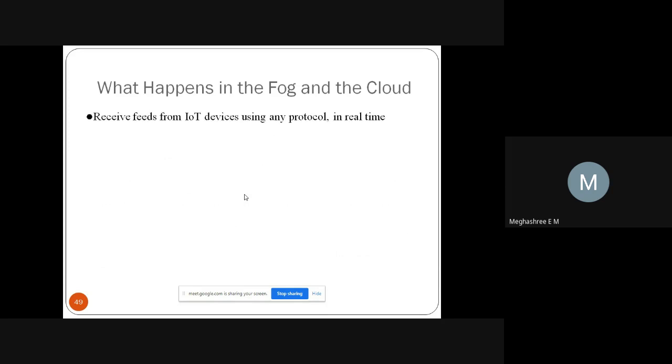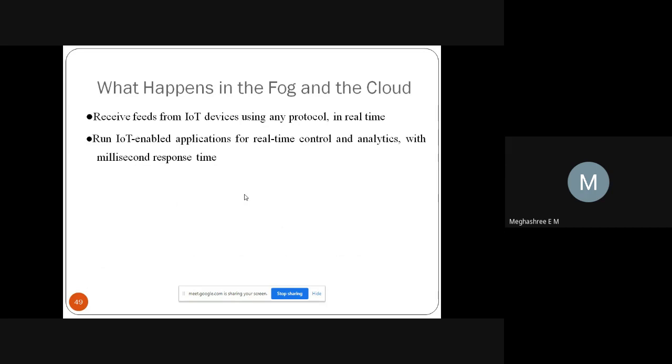And let's see what actually happens in the fog and the cloud. See, at both places processing happens. Okay, the first point is receive feeds from IoT devices using any protocol in real time. This happens in the fog layer. Okay, and next one, run IoT enabled applications for real-time control and analytics with millisecond response time. So this is important, right?